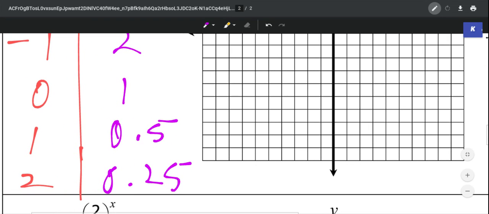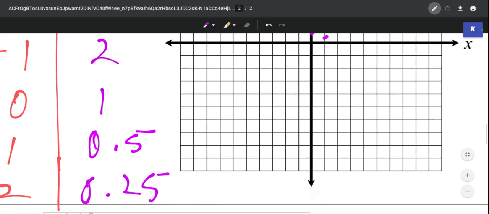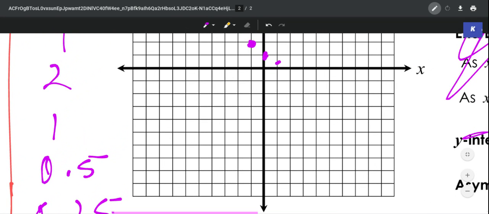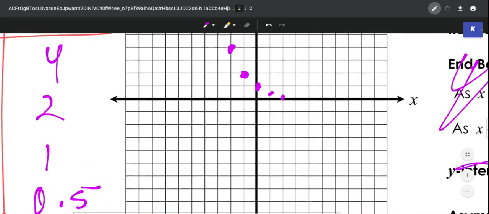And then 2 is going to be 0.25, which would be right about here, almost touching the x-axis.